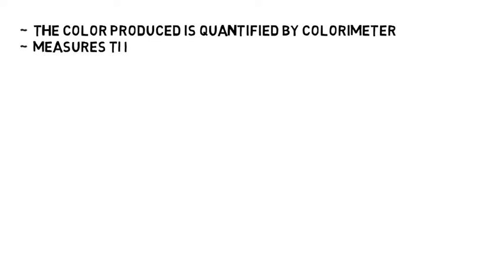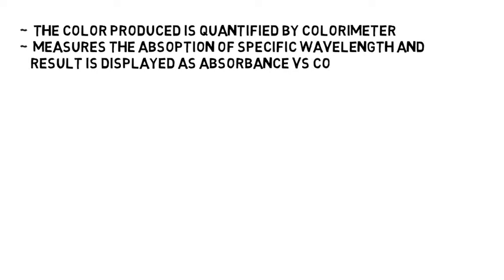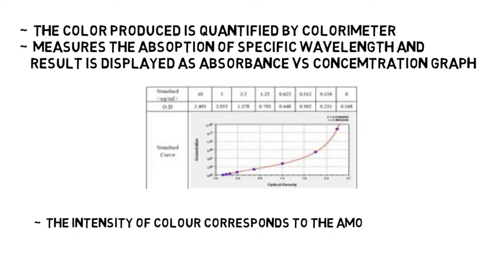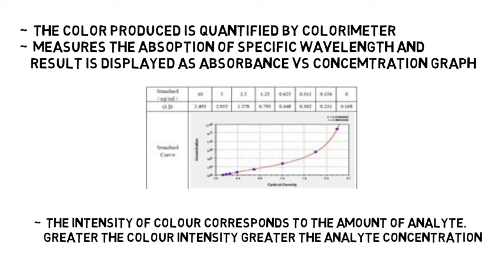The color produced is quantified by a colorimeter that measures the absorbance at a specific wavelength, and the result is displayed as an absorbance versus concentration graph on the computer screen. The intensity of color corresponds to the amount of analyte in the sample, which means the greater the intensity of color, the greater the analyte concentration.